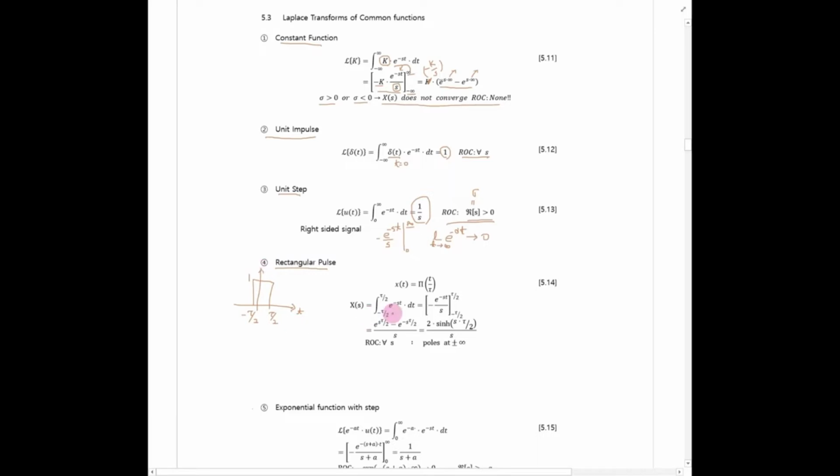By taking the integration over this time period, it will give this result. If you put tau over 2 in for t, it will give this value, and the minus tau over 2 will give a positive value. So in this case, this will come out, and s remains here.